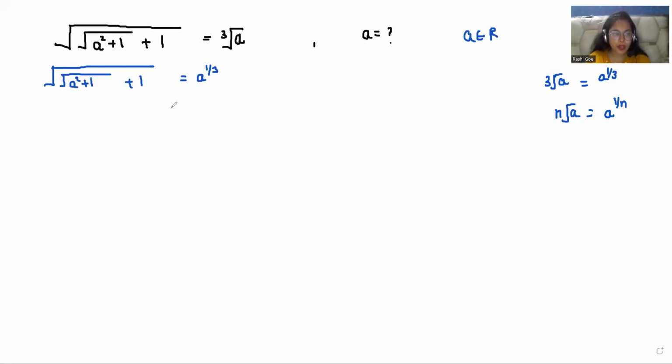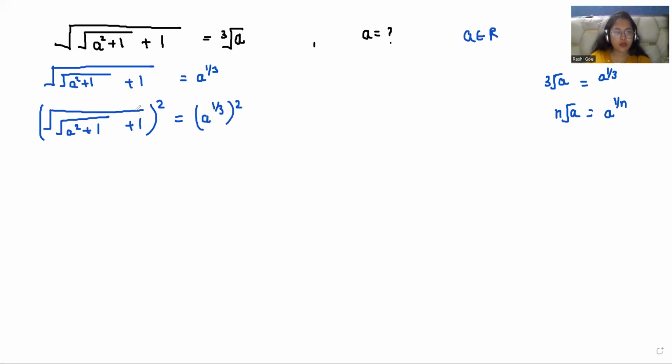Now I'm going to square both sides. So the square root of a square plus 1, whole square, is equal to a power 1 by 3, whole square.